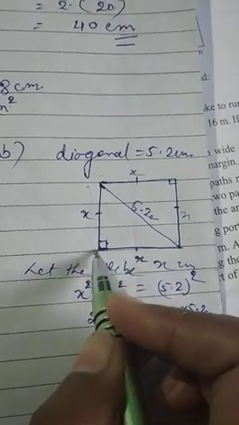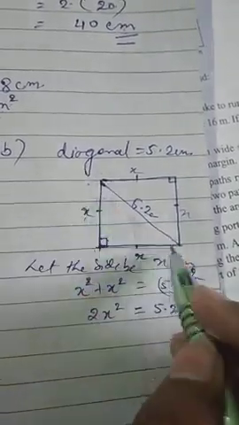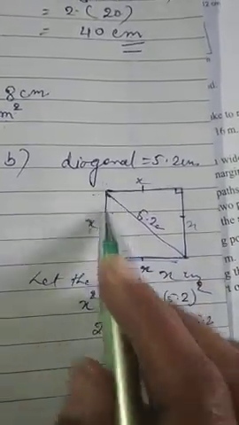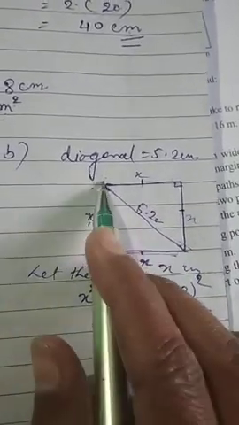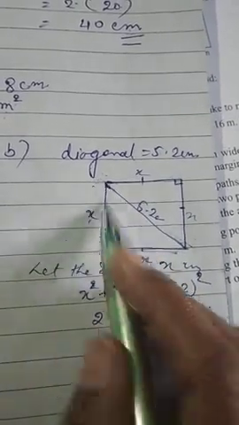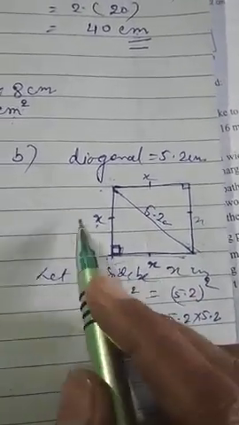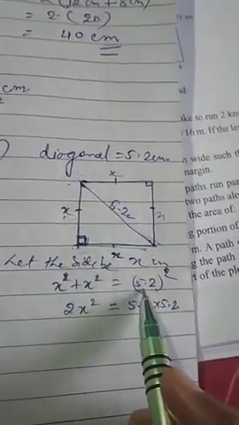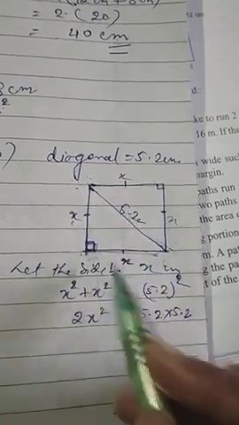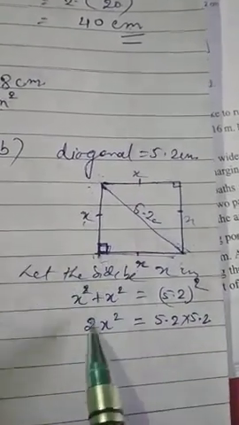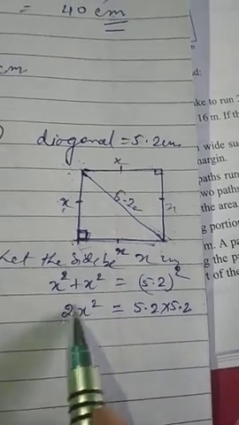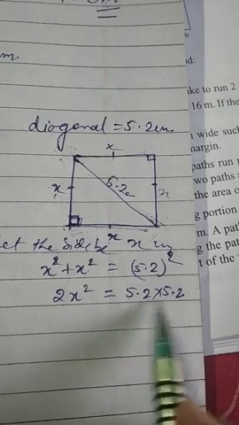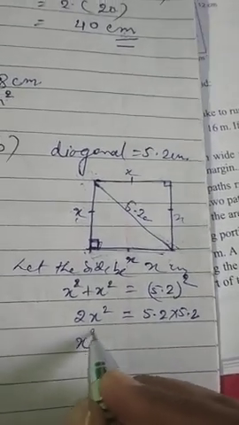We know that in a square each corner angle is 90 degrees, so we can apply the Pythagoras theorem in this triangle: the square of this plus the square of this is equal to the square of the hypotenuse. So 5.2 squared is equal to x square plus x square, that is 2x square. And 5.2 into 5.2 will be equal to what?